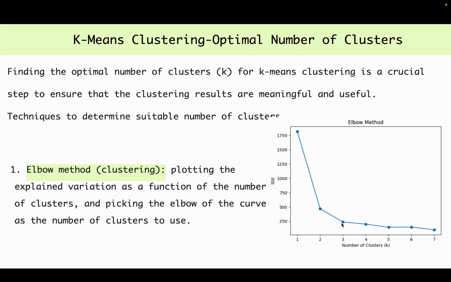If you have 3 clusters, you have this, and so on. The elbow method states that whenever there is a sudden change in the variance error, at the elbow of this curve, we choose that as the number of clusters. You can treat 2 as the elbow here, because there is a sudden dip in the change in error, and this is one way to find the number of clusters.